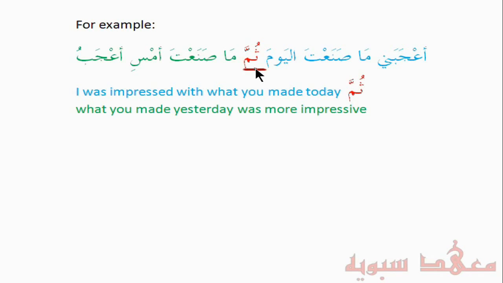You can see that the sentences are related here. And it's talking about what you made today and what you made yesterday. And that what you made yesterday was more impressive. Okay, I want to highlight this particular word, أمس, which means yesterday. That's a very important word in this particular sentence, which will indicate something about the function of Thumma.